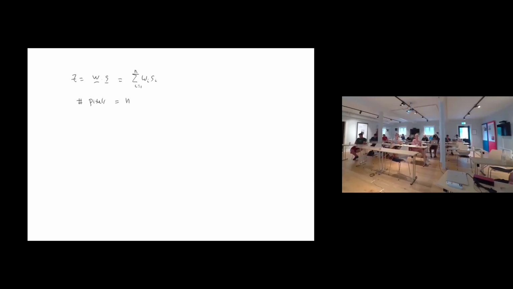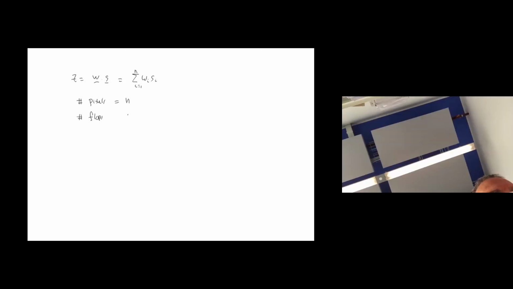Let's say Z equals the sum over i of W_i S_i. The number of pixels equals N, the number of operations equals 2N.